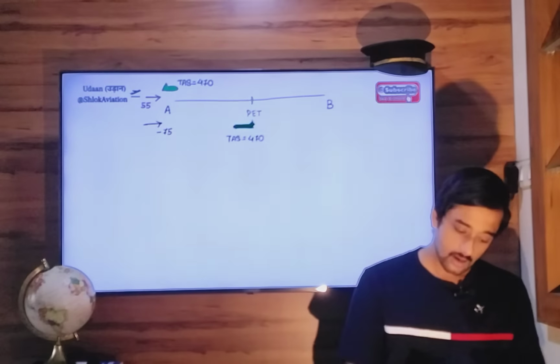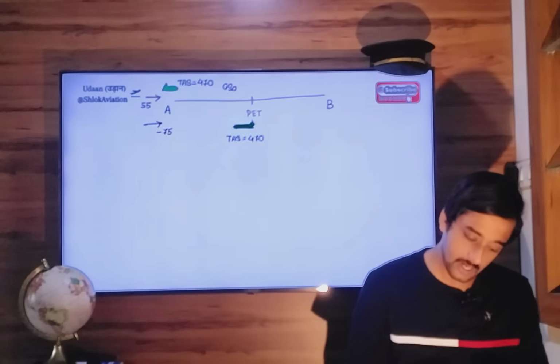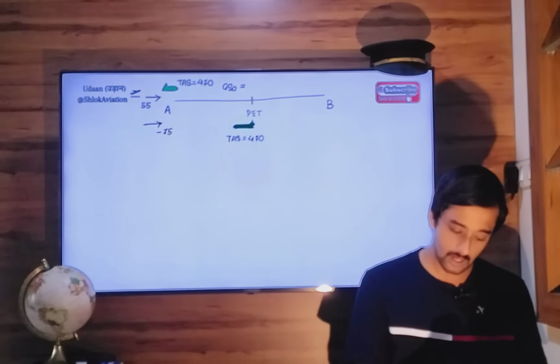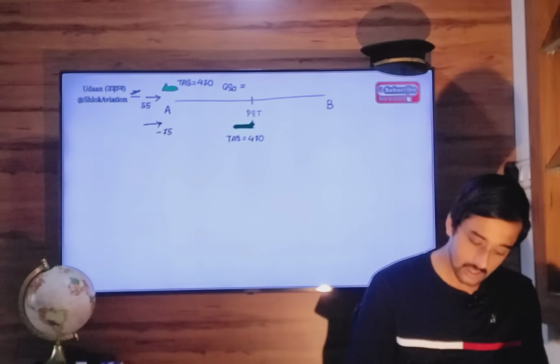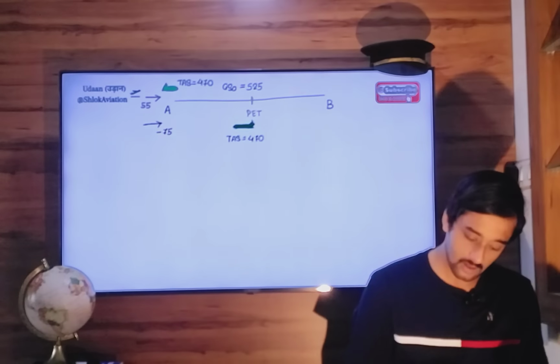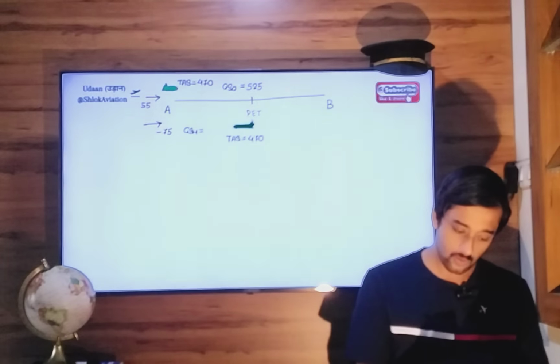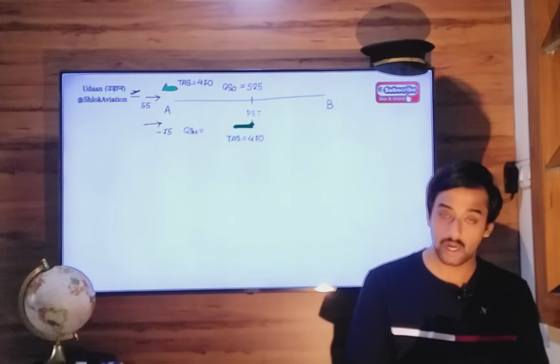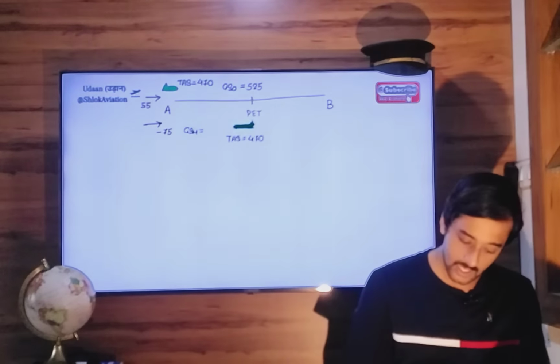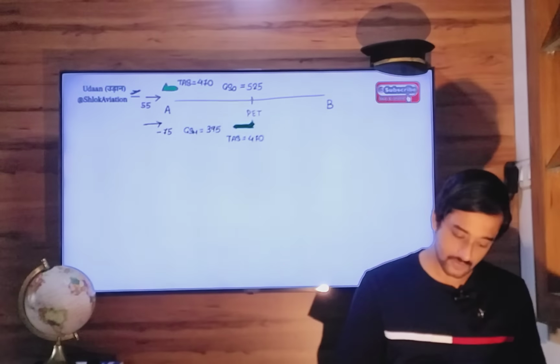So on your outbound leg, the ground speed will be TAS 470 plus tailwind 55, that is 525. On your homebound journey, the ground speed will be TAS 470 minus your headwind component 75, so that is 395.